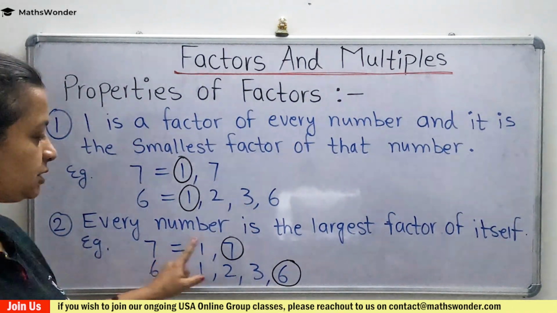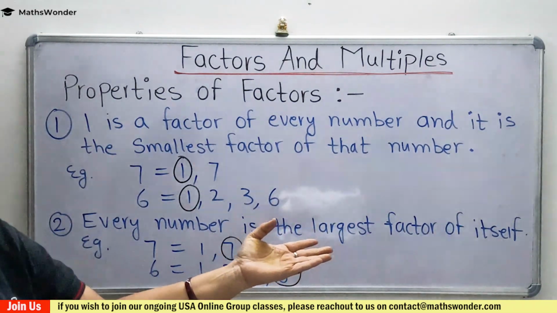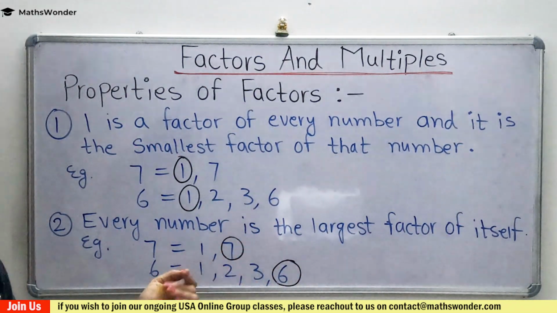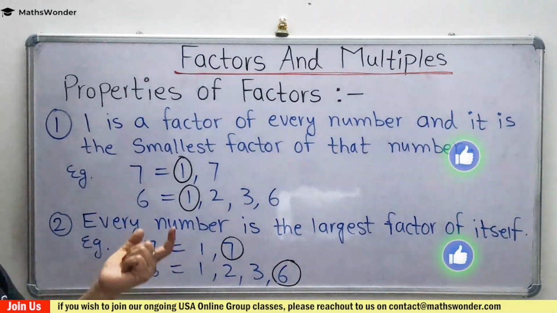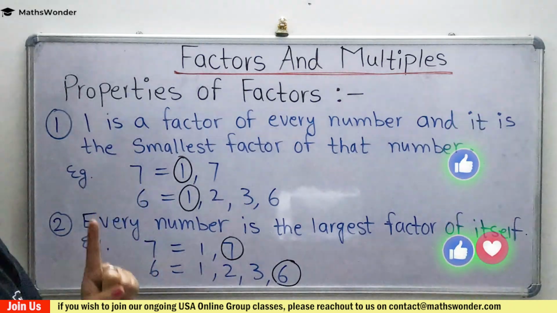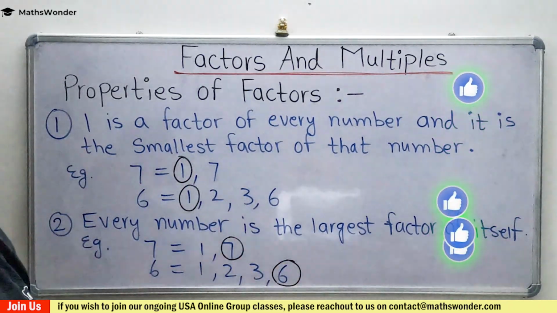Suppose you are finding 7, so 7 will be the largest factor. 6, same. We did 12 too, right? When we found the factors of 12, you will notice there is a 1 and 12. 1 will be the smallest one and 12 will be the number itself, which is largest.